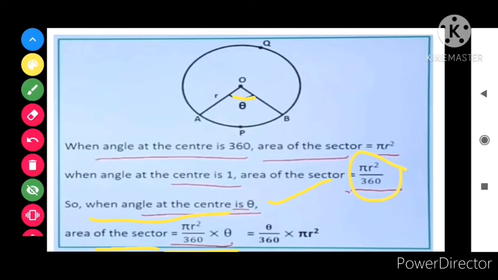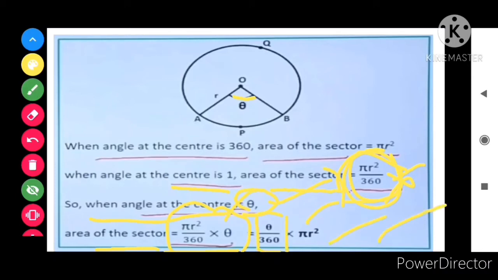Because when the angle at the center is 1 degree, the area of the sector is pi r square by 360, now the angle is theta, so we need to multiply this by theta. For this we can write theta by 360 into pi r square.